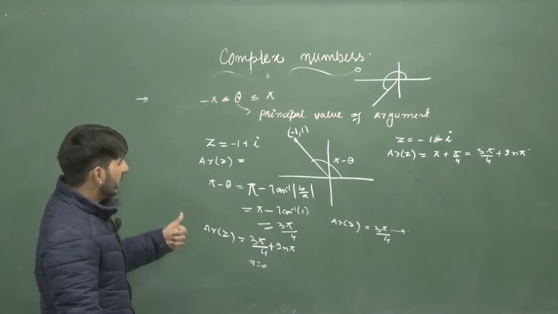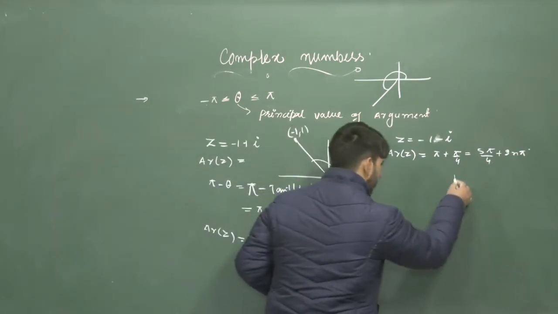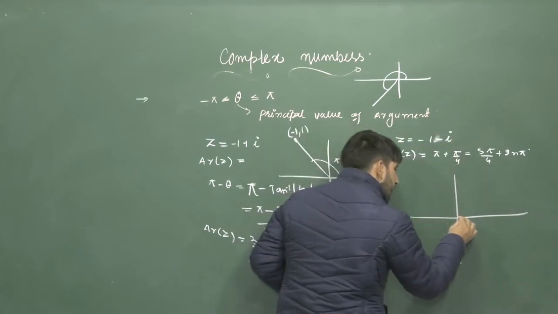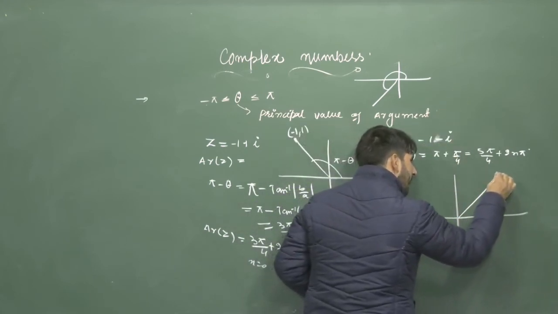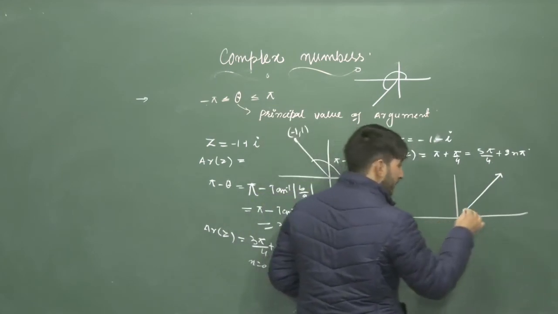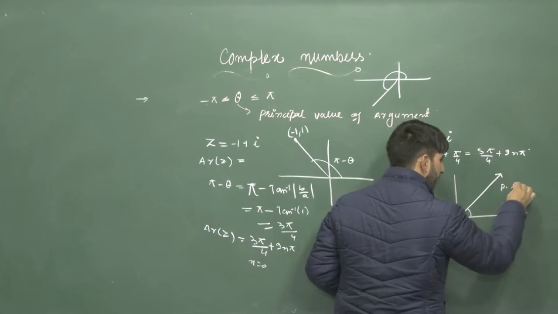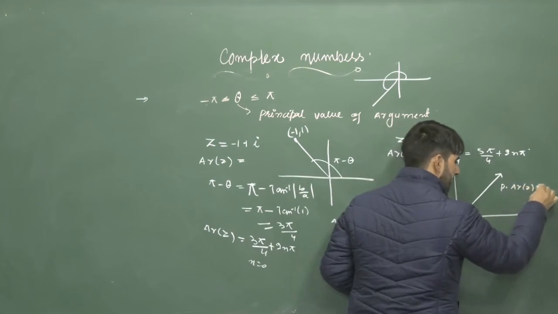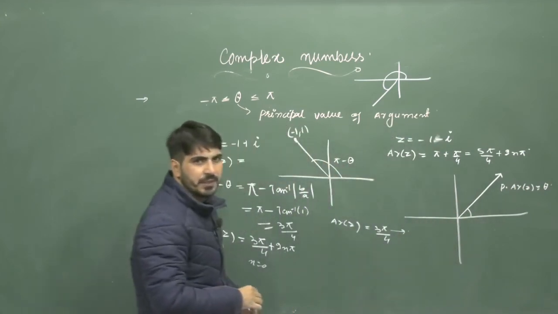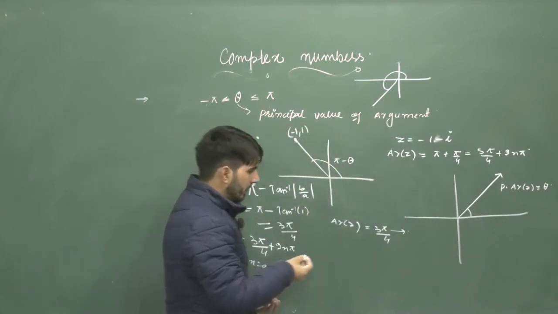For such conditions, if the complex number lies in the first quadrant, then the principal argument is θ, because this is an acute angle that lies between -π and π.